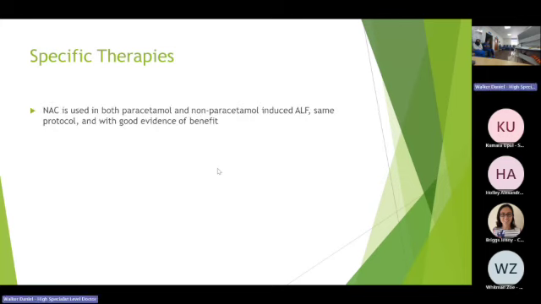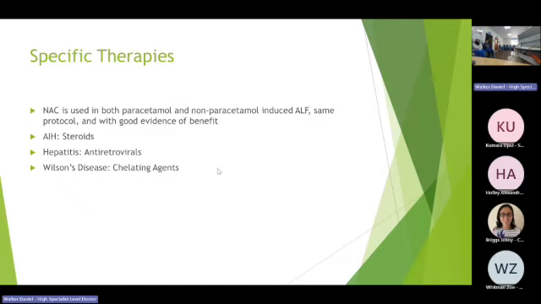So specific therapies. NAC is used for everything. There's no evidence of any significant harm from acetylcysteine, so that's given across the board for all liver failures. Steroids are only really used for autoimmune conditions. In hepatitis, there's not a huge amount of evidence for antiretrovirals, but there's some.